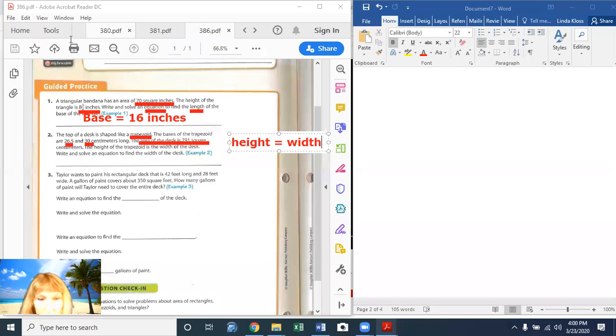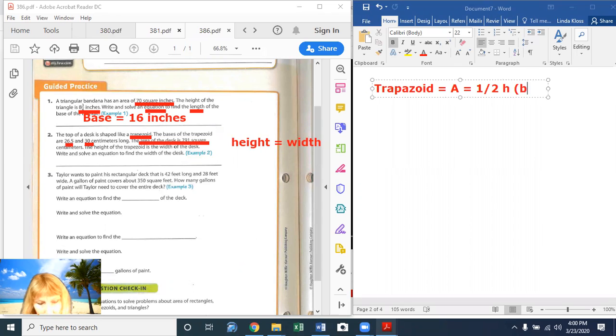Now, since all my area stuff disappeared again, what's the area of a trapezoid formula? Area equals 1/2 height times B1 plus B2.